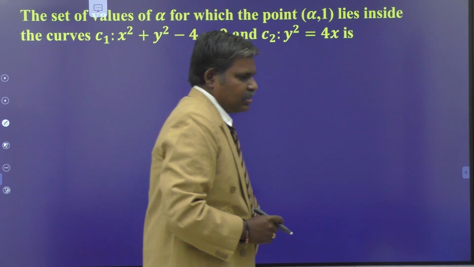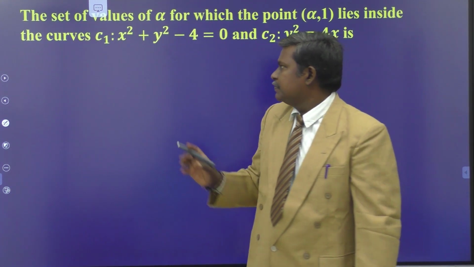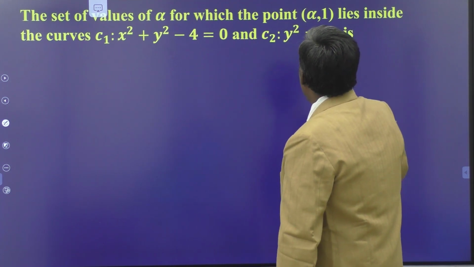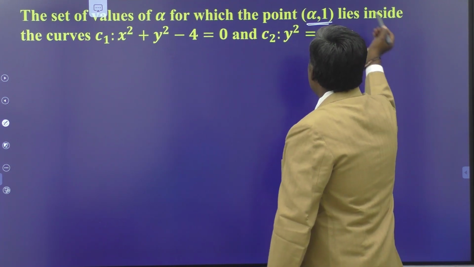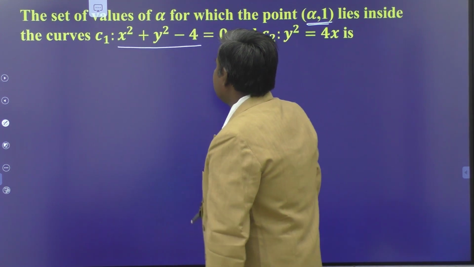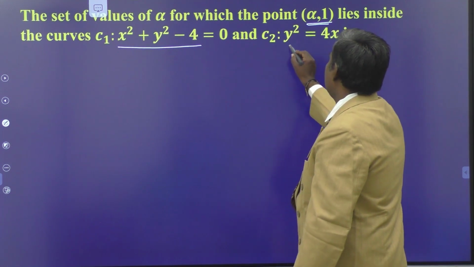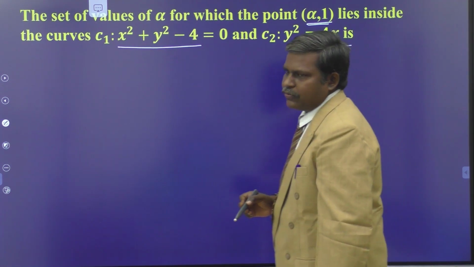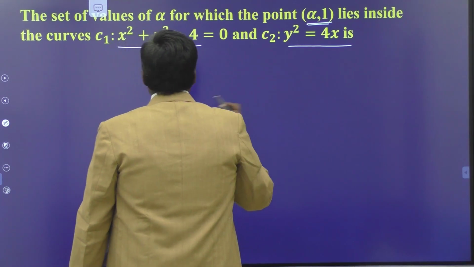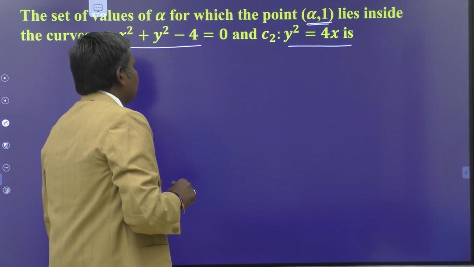Next one, this is also very simple for you. The set of values of alpha for which the point alpha comma 1 lies inside the curves. There are two curves. One is x square plus y square equal to 4. The other one is y square is equal to 4x. Your point is always inside of these two curves.